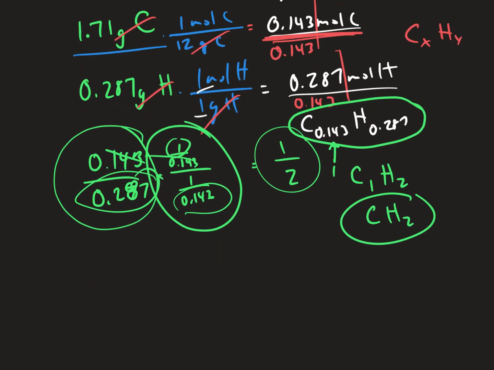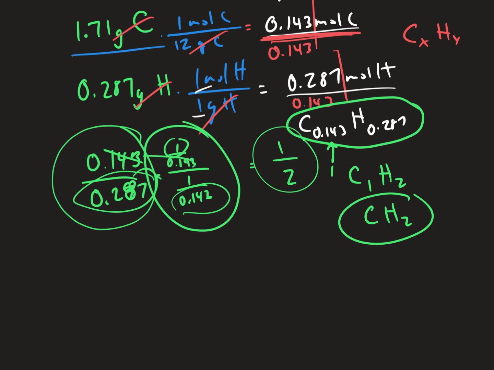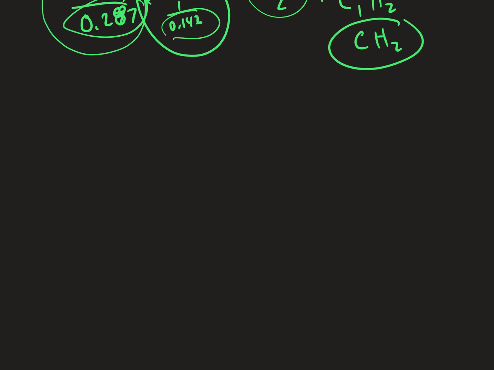Okay. Let's do another one where it doesn't turn out to be a whole number, even if you make one of them 1. Because that'll happen. So let's do example 2.